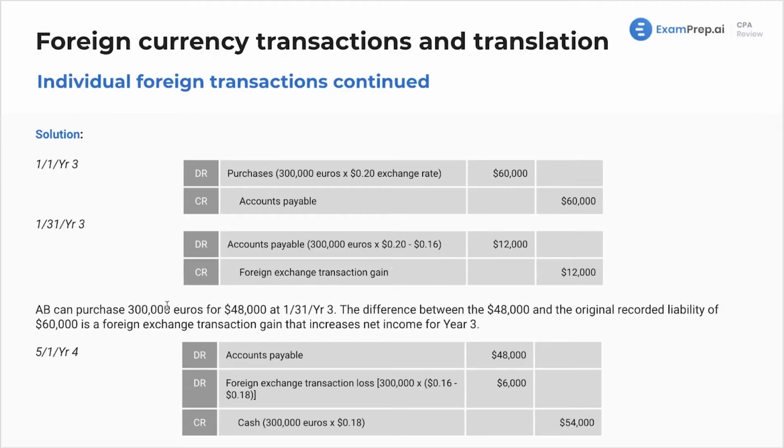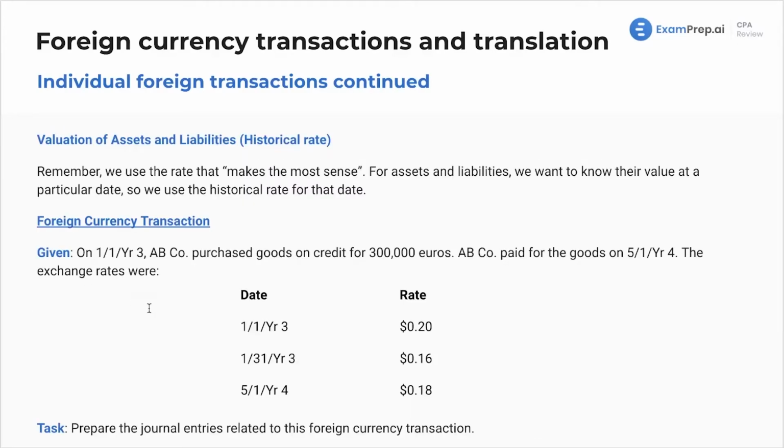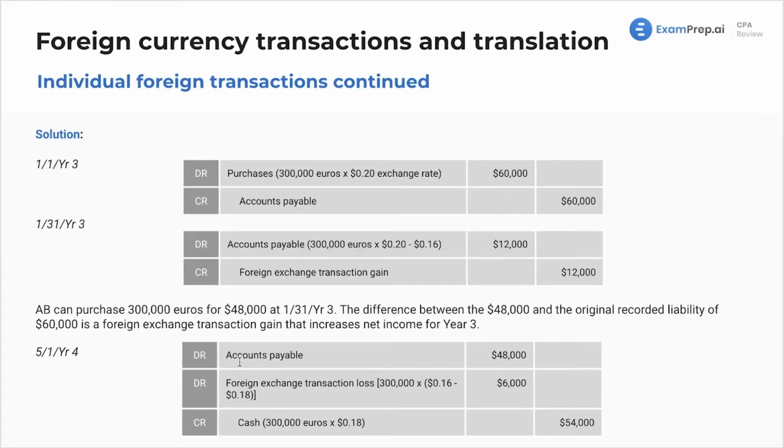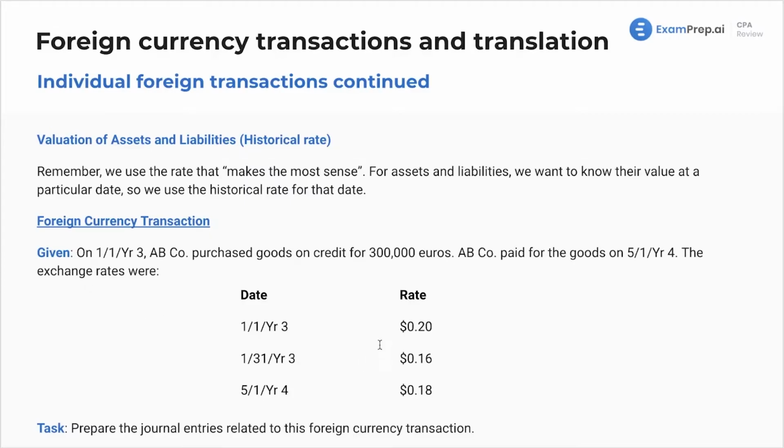Now, what are we doing here? On 5/1 year 4, this is when we're actually accounting for the transaction, right? We paid for the goods on 5/1 year 4. Okay, well, we get rid of our accounts payable because we paid it out. We have our foreign exchange transaction loss because we had a preferable rate, but then rates went back up.